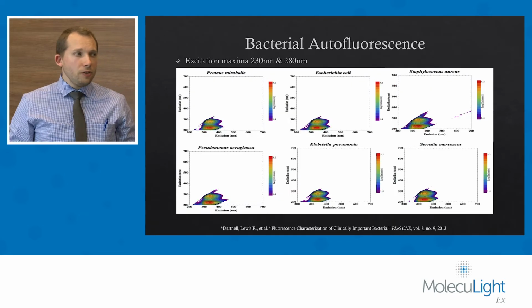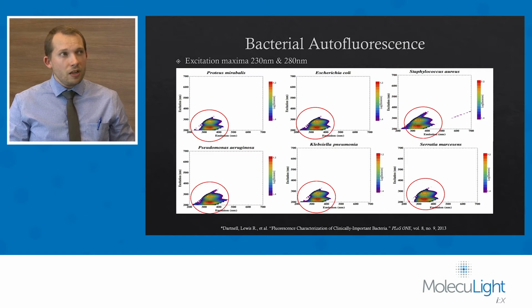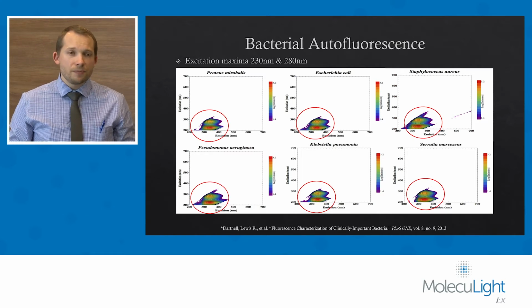Well, a group out of London, led by Lewis Dartnell, found that many of the common bacteria that we see within our wounds have similar excitation maxima to each other, at around 230 to 280 nanometers. And you can see all of these different bacteria show about the same peaks.